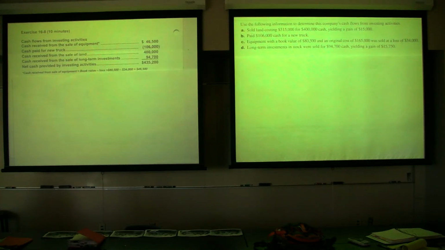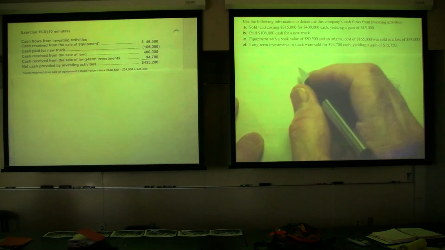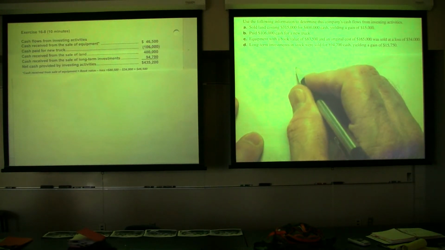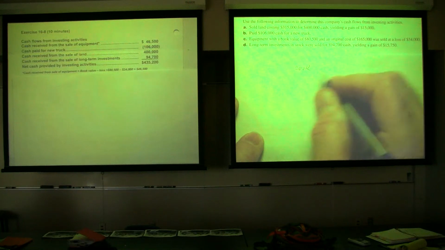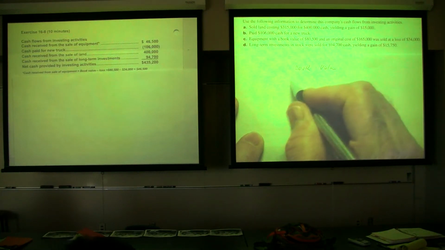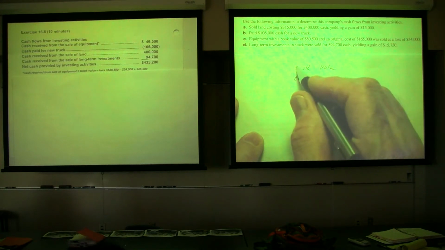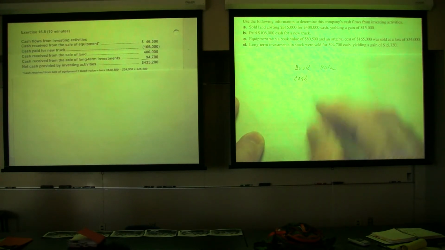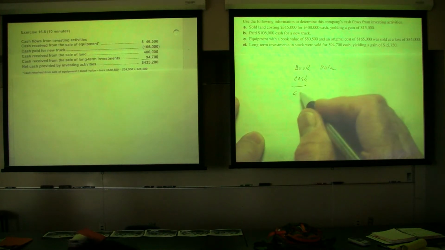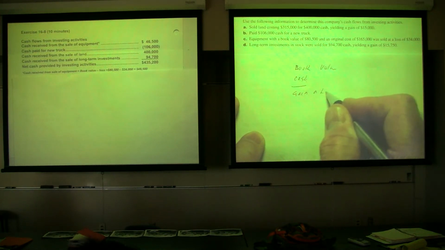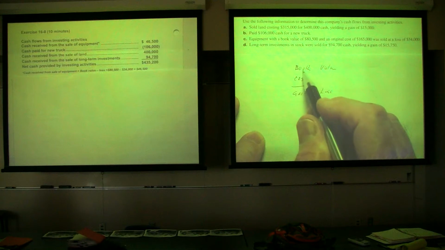Book value was 80,500 on the equipment, and there was a loss of 34,000 on that sale. It may be easier to see the other way. Here's the book value, and here's the cash. You compare these two to determine whether it's a gain or a loss. If the cash is greater than the book value, it's a gain.